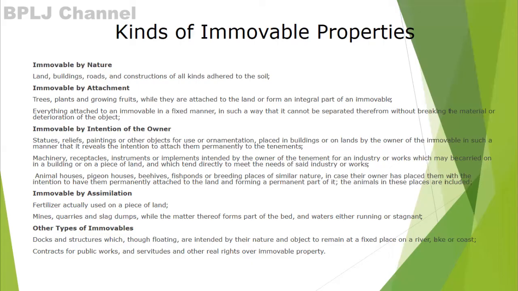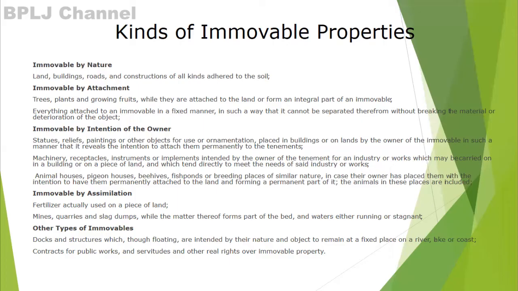If it is only placed by a usufructuary, it does not become immobilized by the fact that the usufructuary has placed the said breeding places in the object of the usufruct.